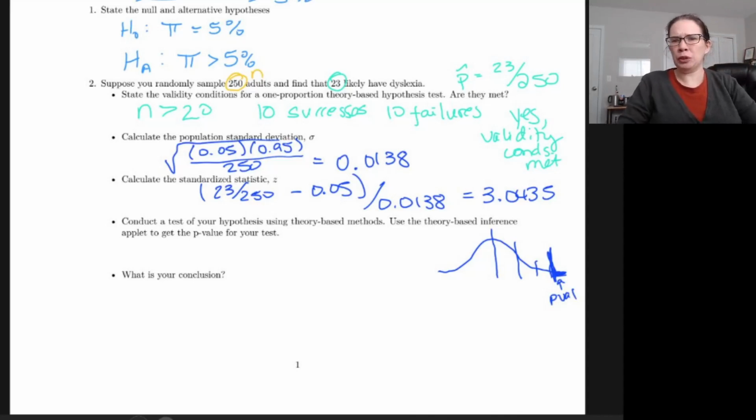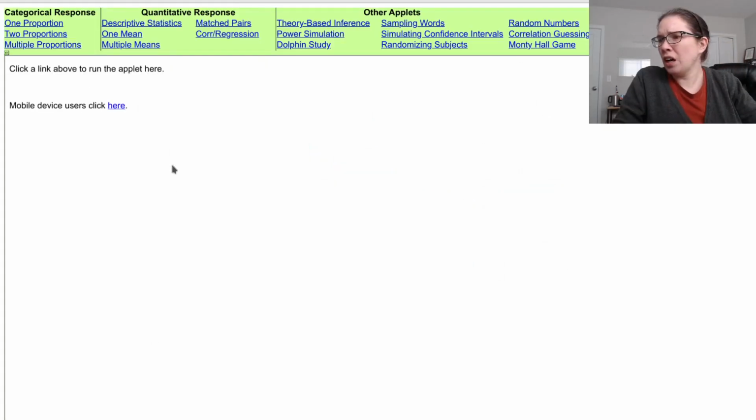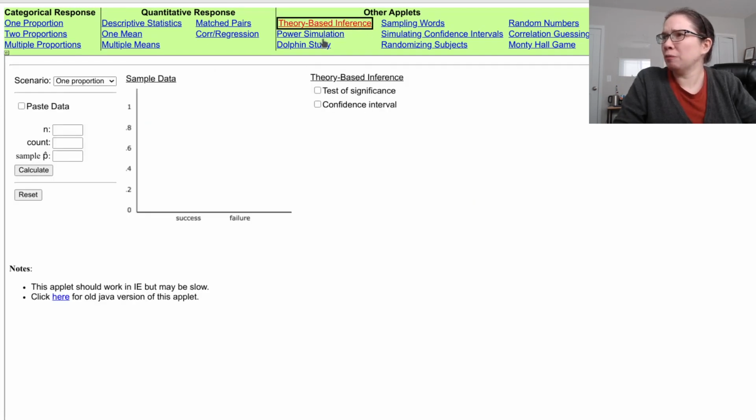We're now supposed to use the theory-based inference applet to get the p-value for that test. So we go to the theory-based inference applet, and we type in n, and the count, which is 23, and that gives us a sample proportion.